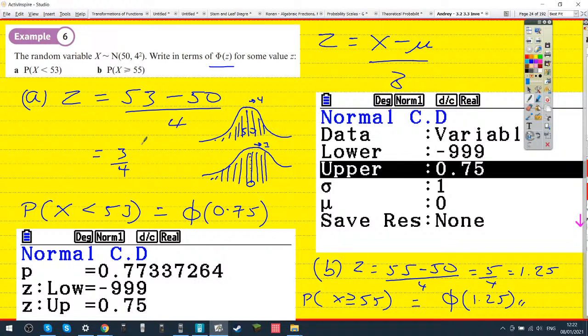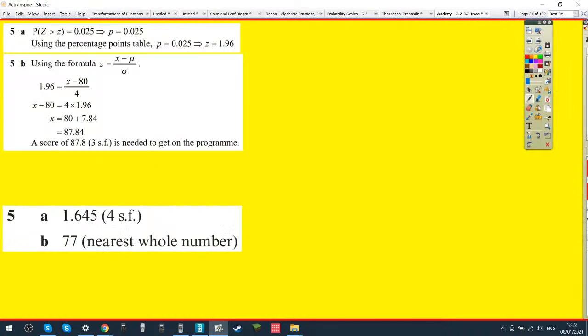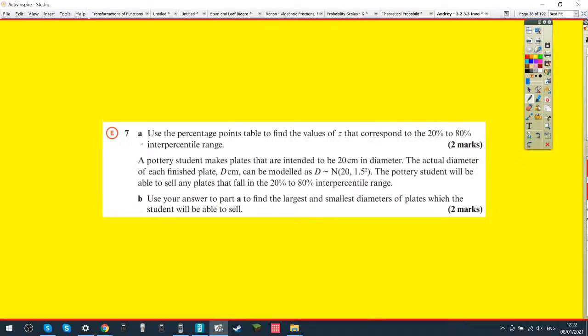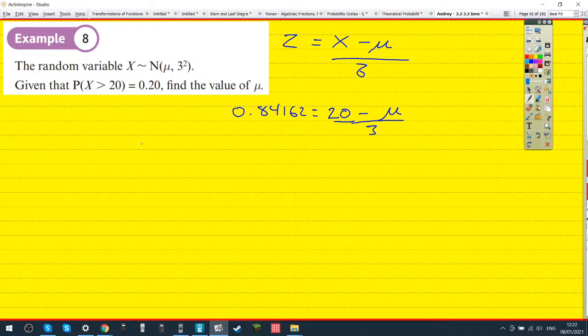And so we can use that to find unknowns, like unknown mean, unknown standard deviation, using this formula, z equals x minus mu over d. So there's the probability that x is greater than 20 is 0.2. We don't know the mean. We know the deviation is 3.